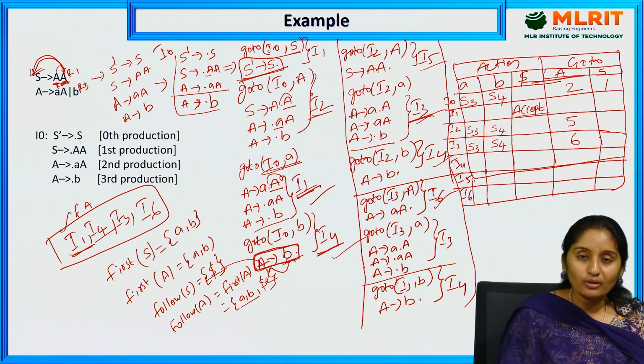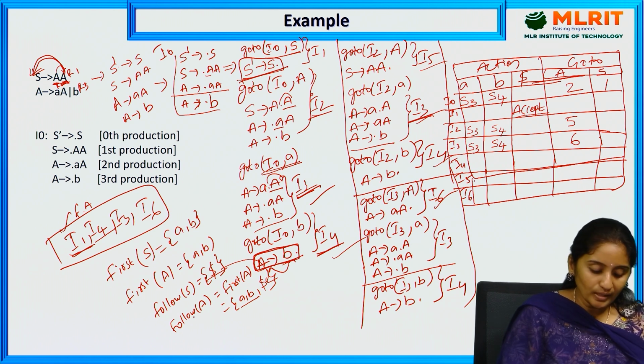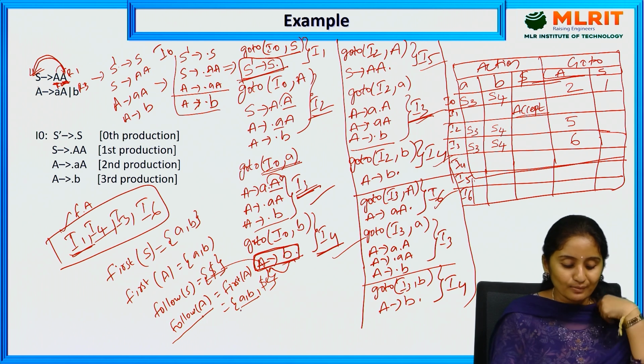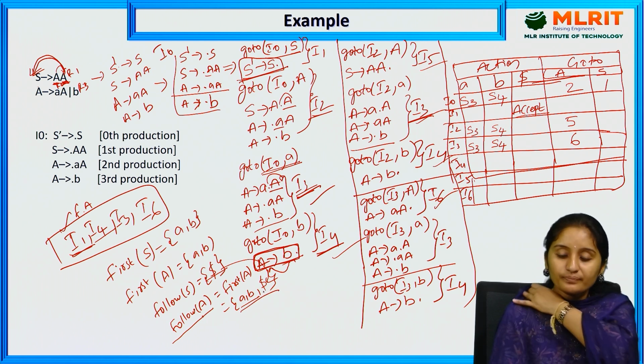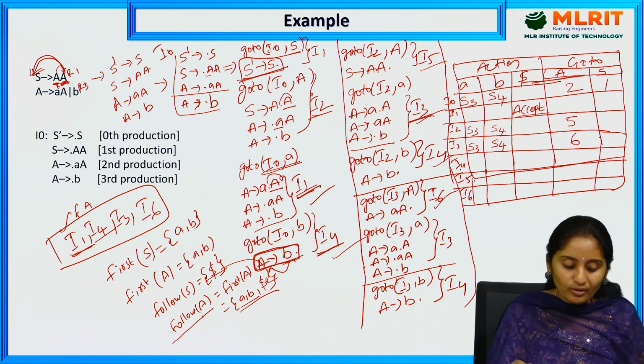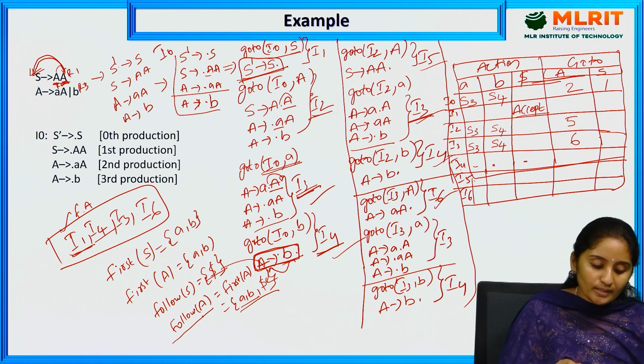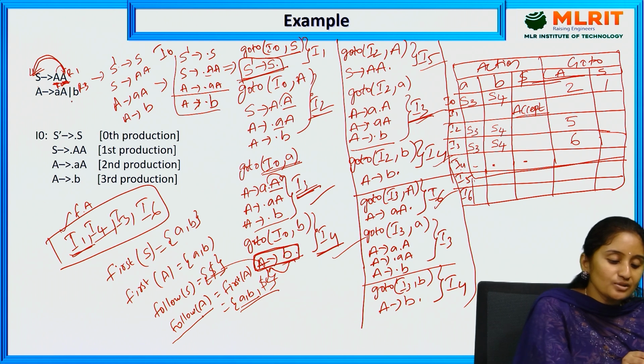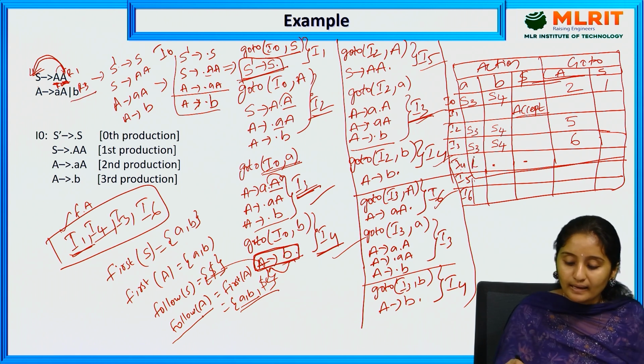It is A, so we need to write follow of A. What are the follow of A? A, B, dollar. In the place of these three, what is the reduction number for A tends to B dot? R3, R3, R3.